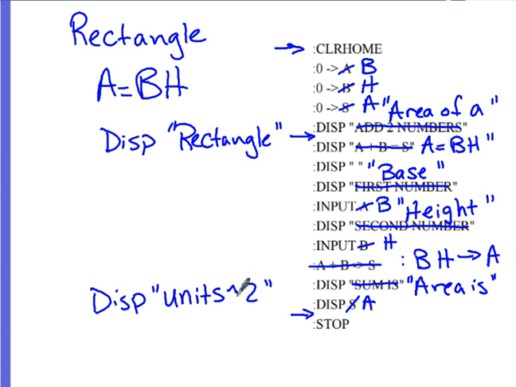It is right below the clear key on the calculator, and it has a key of its own. It is really our exponent key. So we're going to do the little exponent and then put the 2. And then last but not least, we'll do our stop command. Those are the modifications that we would have to do in order to write a program to find the area of a rectangle.